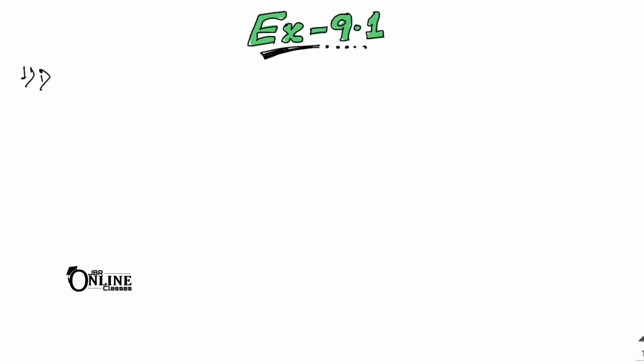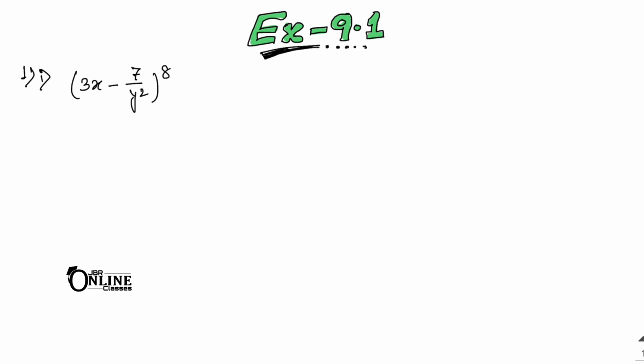Problem number 1. Find the number of terms in the expansion of the following. So first write down the expansion, that is the binomial expansion. So (3x minus 7 by y square) whole to the power 8. Now binomial means two terms are there.